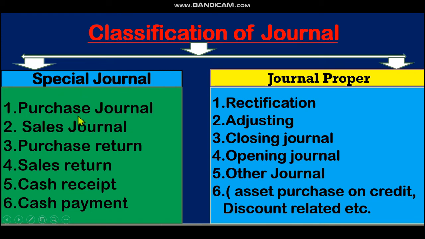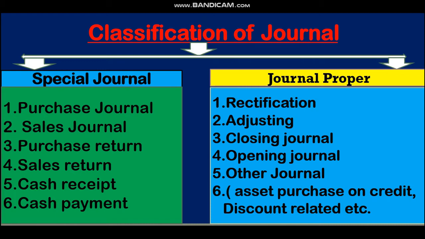Purchase journal, where you will record all credit purchases. Dear student, this is another important question. What types of transactions are recorded in purchase journal? Dear student, if you purchase on credit, that will be recorded in purchase journal, and in sales journal we will record credit sales. That means if we sold goods on credit, that will be recorded in sales journal.